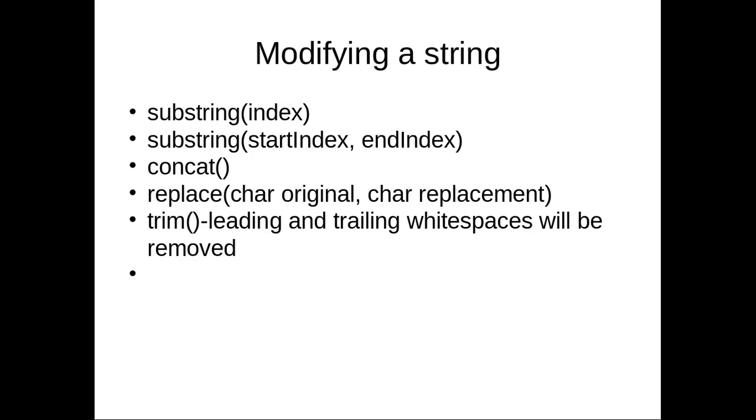Okay. concat means s1.concat(s2): s1 and s2 are concatenated. Okay. replace means replace(original char, replacement char): if in a particular string you want to replace some characters, for example, suppose you want to replace all A's with E's, then the original character is A and the replacement character is E. For the syntax you can refer to the textbook.